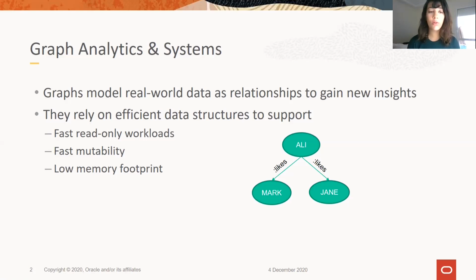They also rely on efficient data structures to allow fast mutability, meaning we need to be able to update graphs quickly. And they need to allow for a low memory footprint, since we're talking about large-scale big data graphs that can hold billions of edges and need to be stored efficiently in memory.